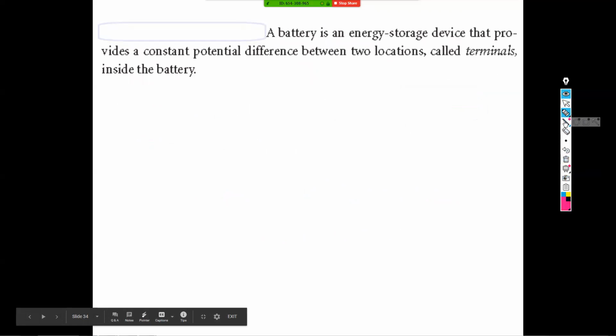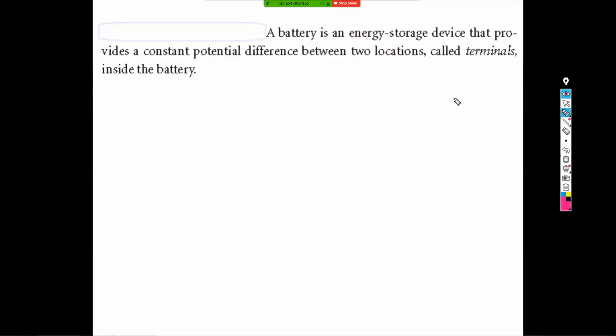All right, so we're going to start talking a little bit about batteries. We're going to get into them hardcore later in the next chapter, but a battery is a storage device. Storage, think potential energy. There's a chemical reaction going on, redox reactions, and we'll talk about that in later chapters. A battery is measured in volts. The typical square one you stick your tongue to for a little sour zap is a 9-volt battery.